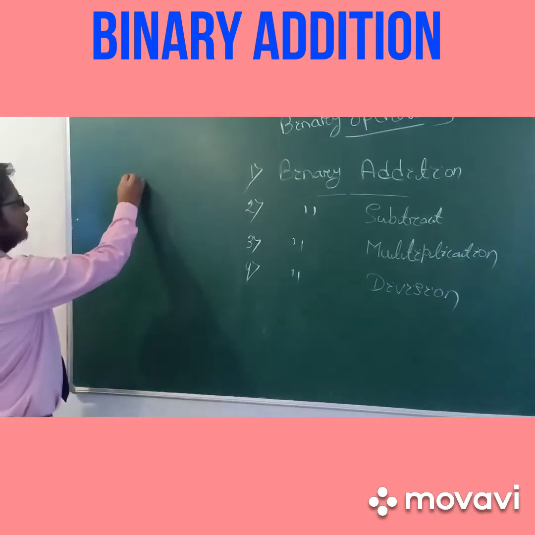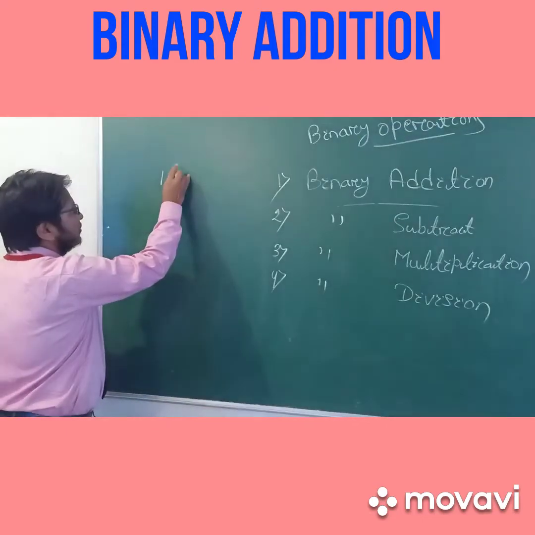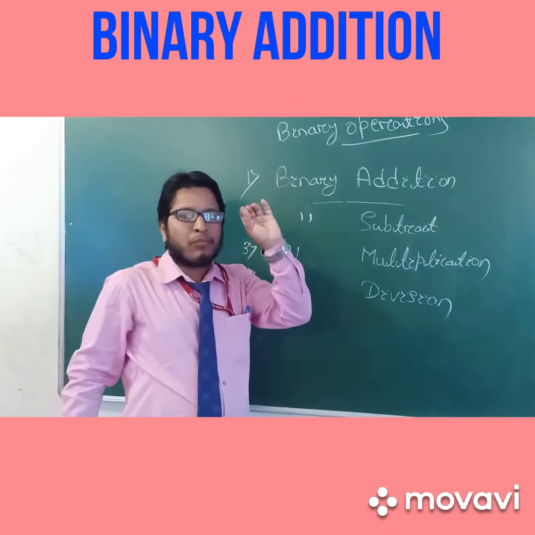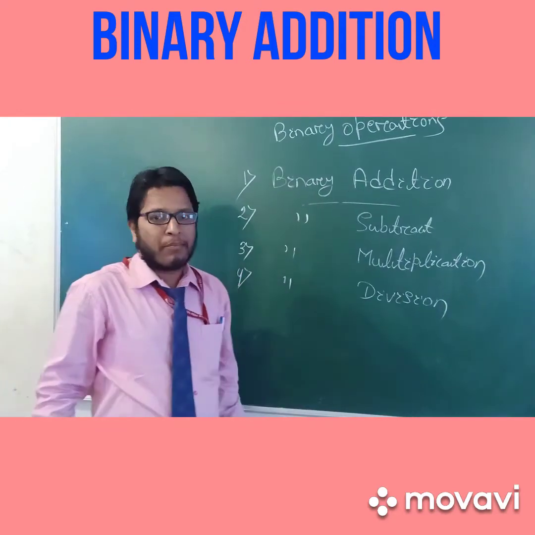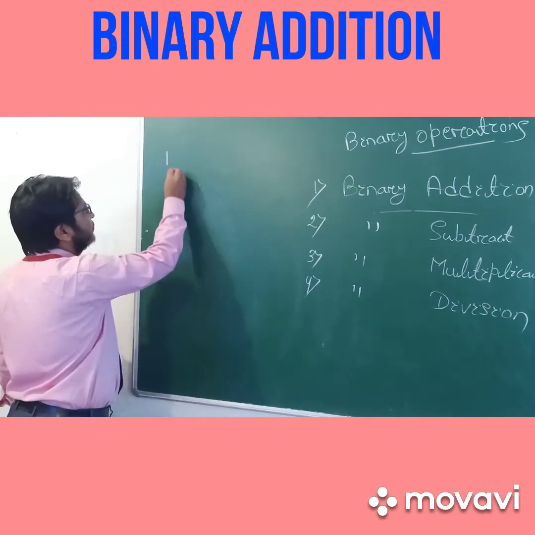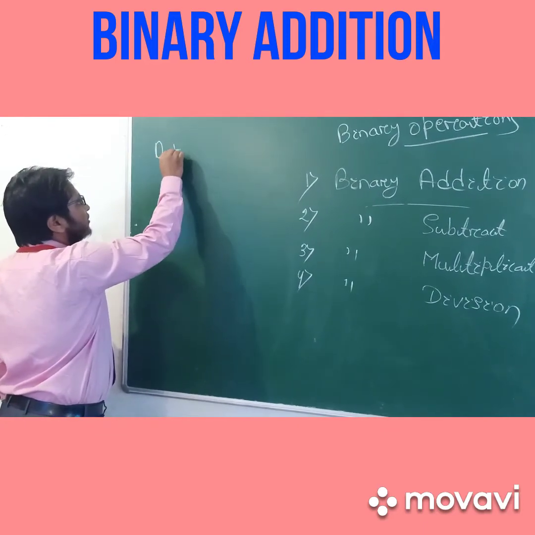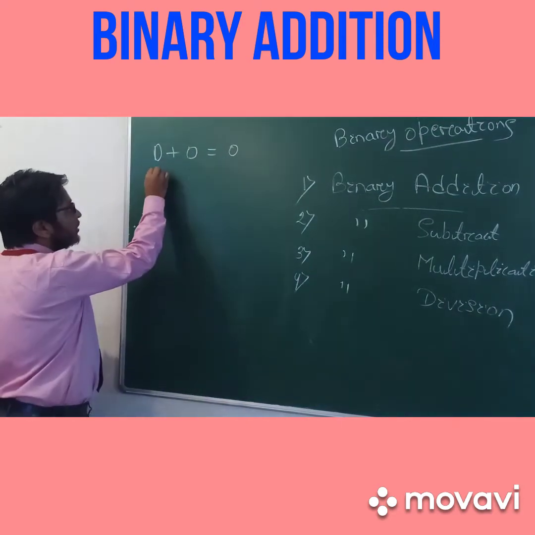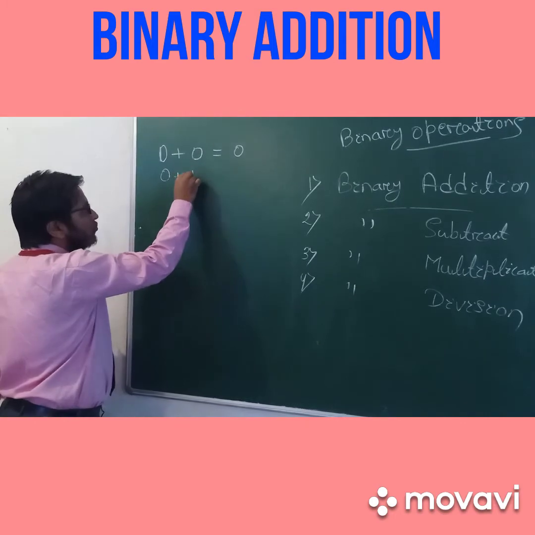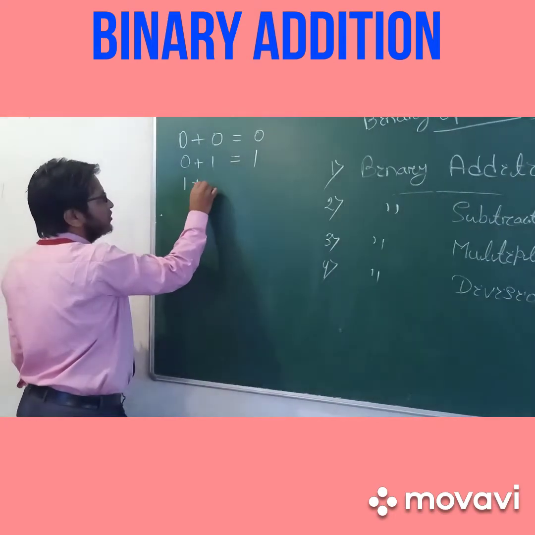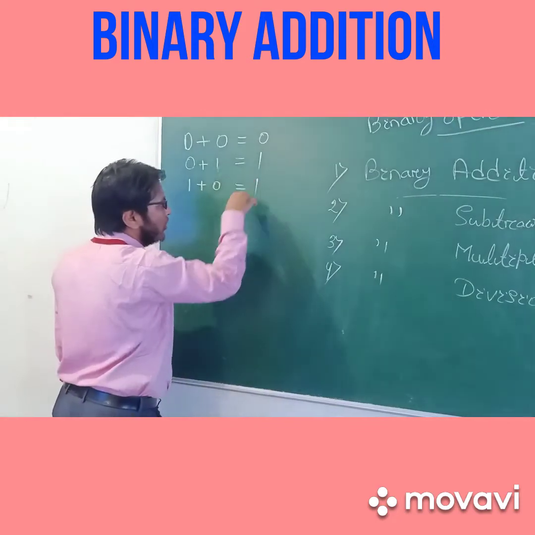Before doing the addition, we follow some rules for the addition of the binary number system. You remember this: 0 plus 0 is equal to 0. Then 0 plus 1 is equal to 1. 1 plus 0 is equal to 1.